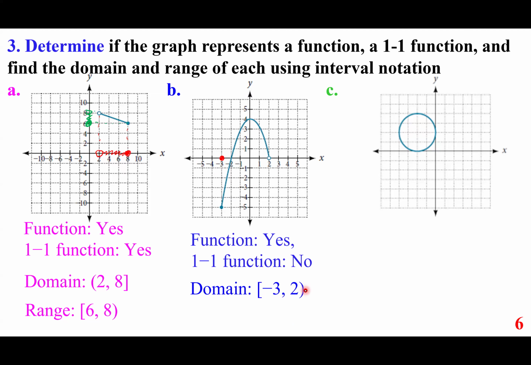But what about the range? It covers from here along the y-axis all the way up here, and they both are included, so from -5 to 4. Both of them take brackets.